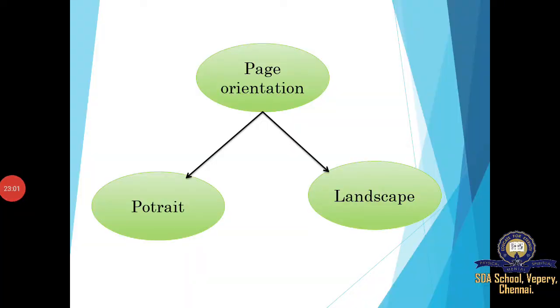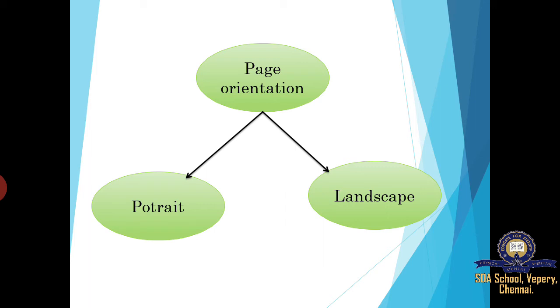Then we saw page orientation. First of all, orientation means how we need a document to be printed or how it looks. Like our phone, a phone has 2 types of modes, right? Portrait mode and landscape mode.